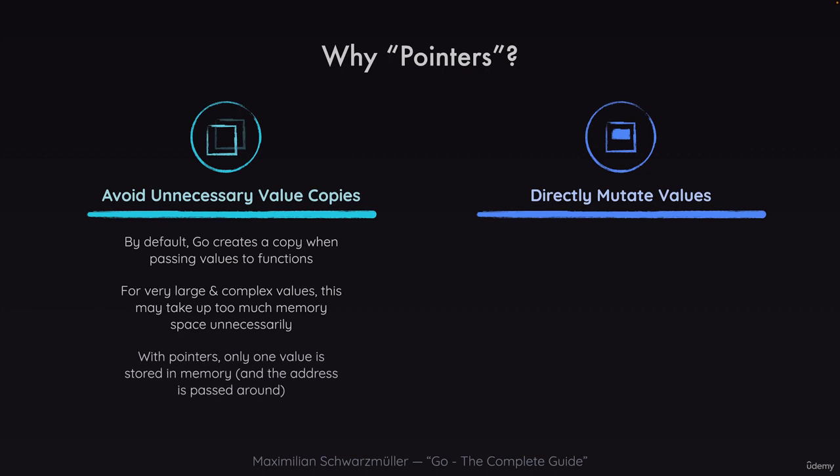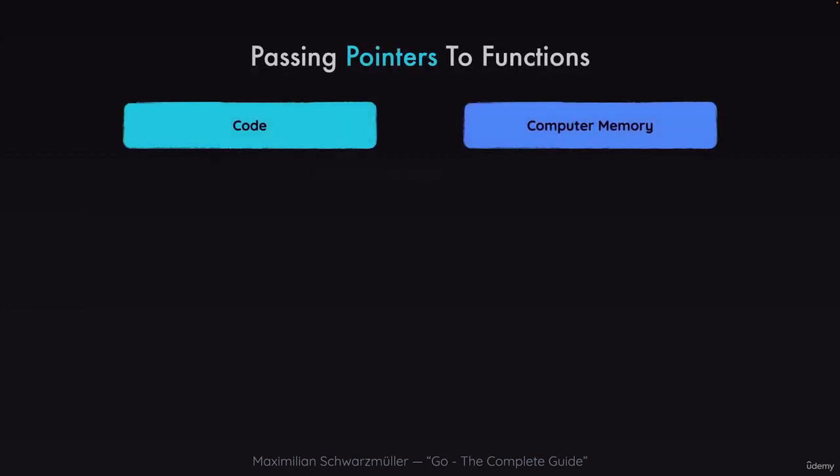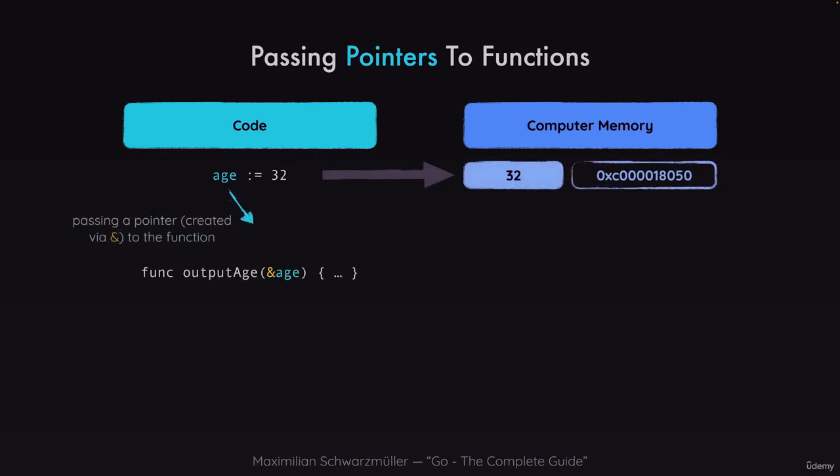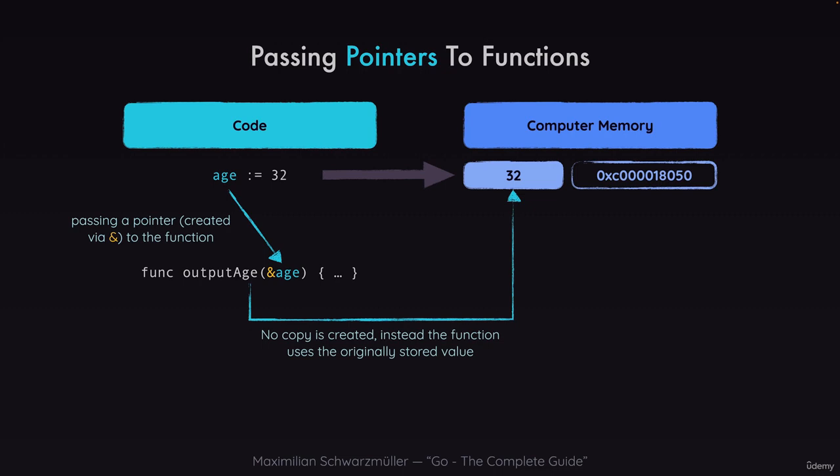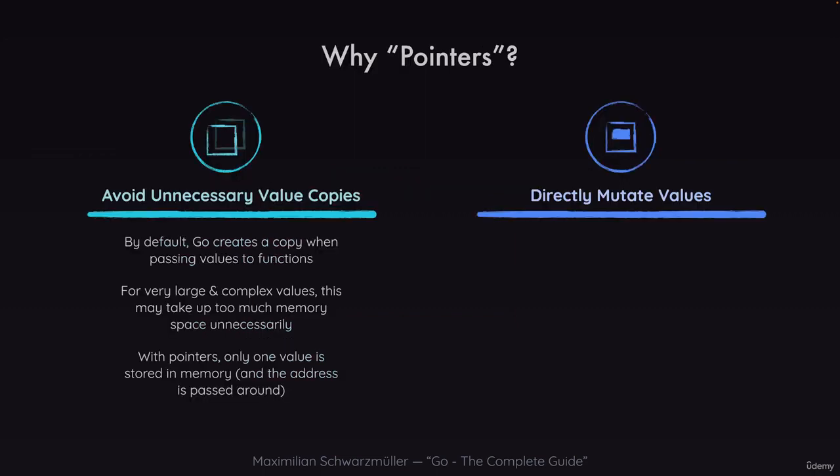Because when passing a pointer as an argument to a function, there's no copy being created. Instead, that function receives the address and can use that address to look up the value that's stored under the address, again by using a special syntax, which I'll also show you later, to then work with that value. So that's one reason for using pointers.